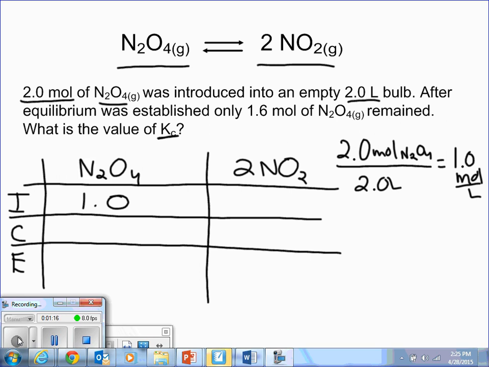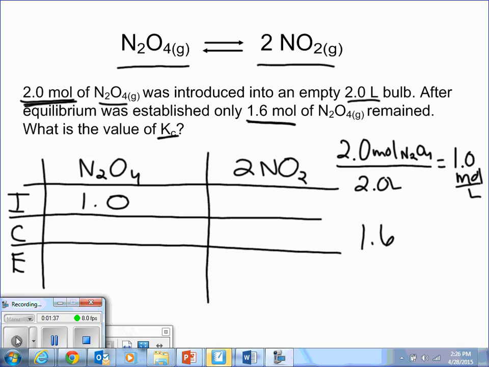At the end, we have 1.6 moles remaining. Remember that we don't want to sub in 1.6 here because it's not in moles per liter. So just like the first value that we were given of 2 moles, we also have to convert the 1.6 moles into moles per liter.